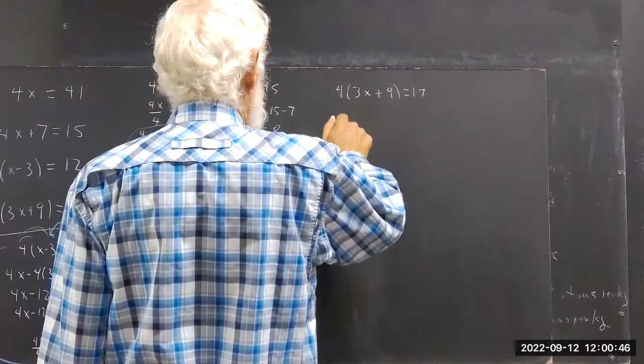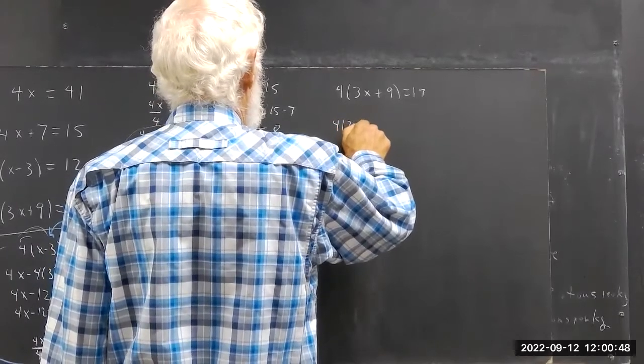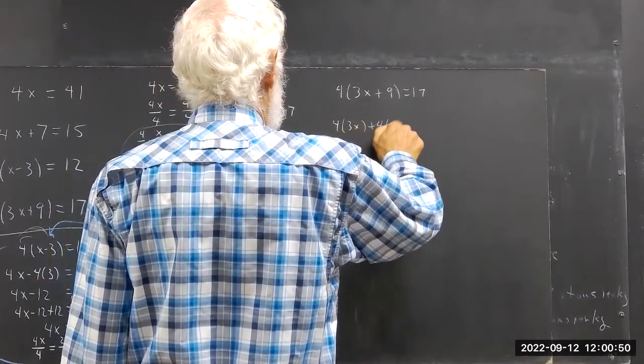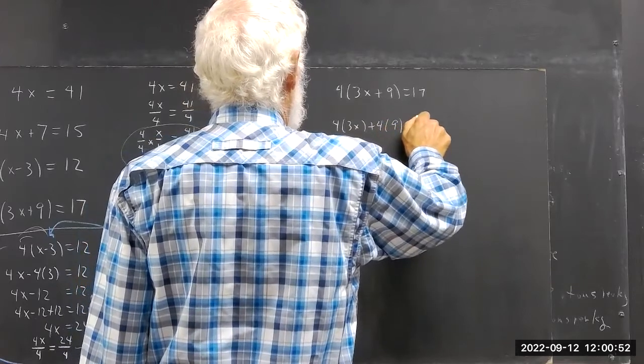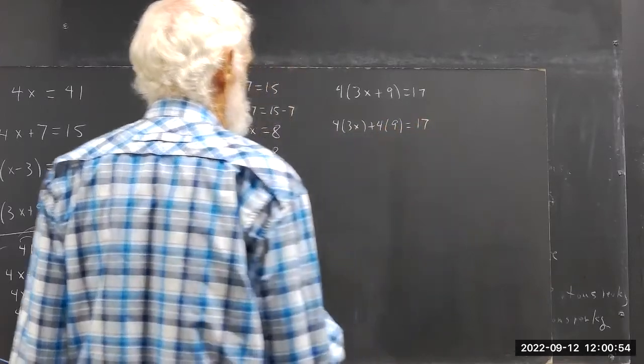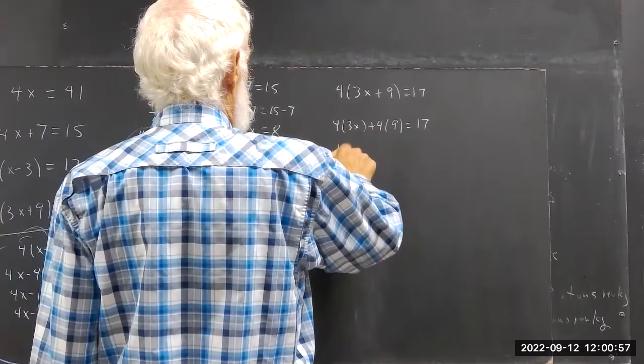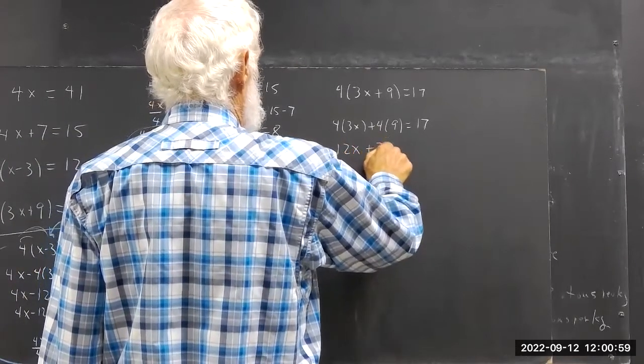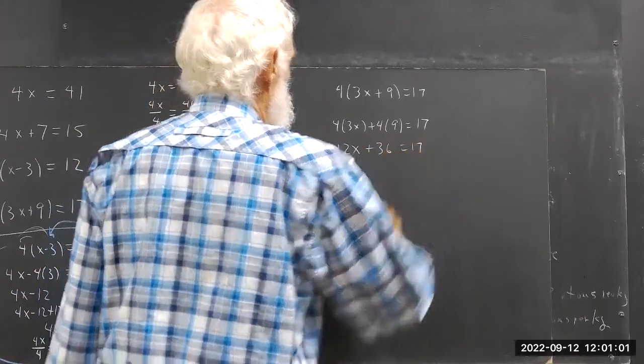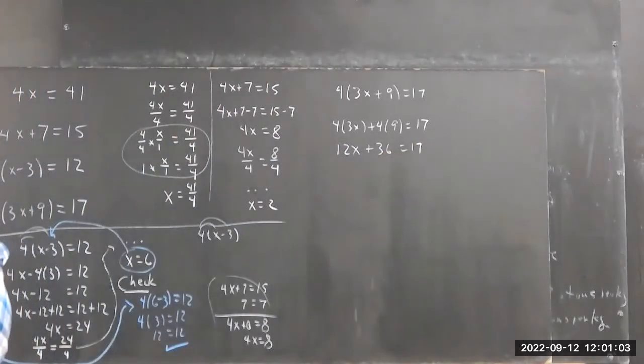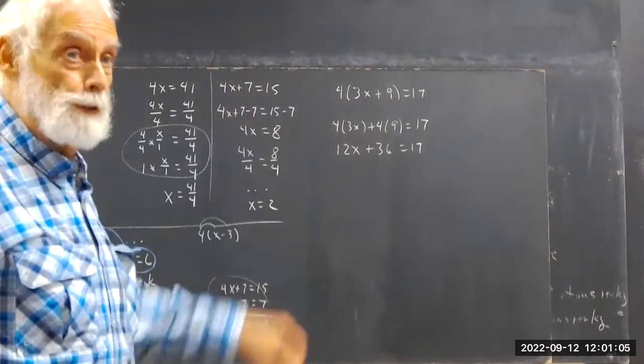That means 4 times 3x plus 4 times 9 equals 17. And then 4 times 3x is 12x, and 4 times 9 is 36. So there we are. Don't skip any steps.